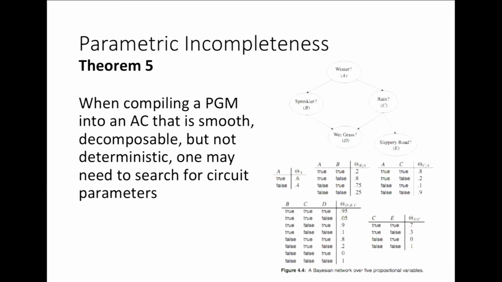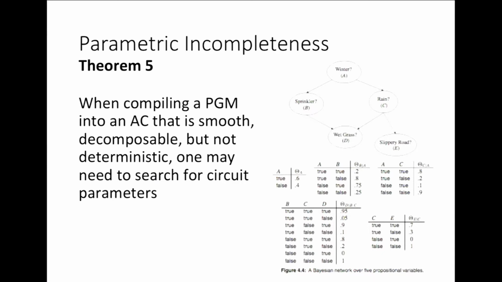Parametric incompleteness, what does that mean? If you look at the treatment we gave to the class of arithmetic circuits that are deterministic, we took the graphical model like a Bayesian network, did some computation, and got back a circuit. And the parameters of that circuit, the thetas, were all coming from the Bayesian network.